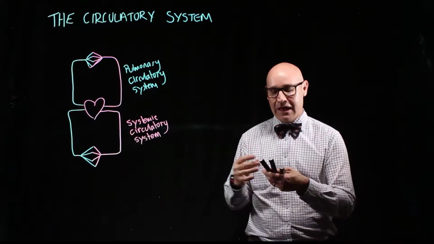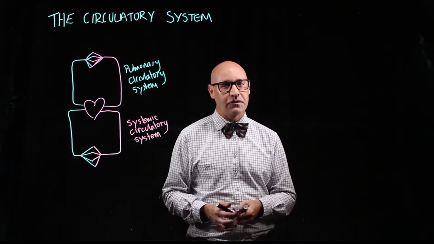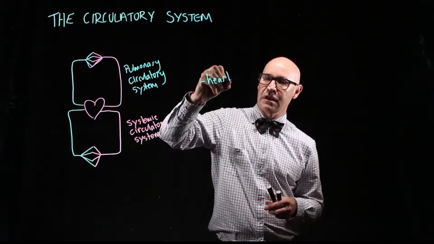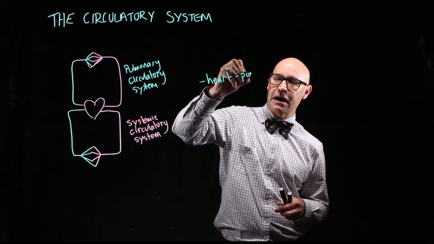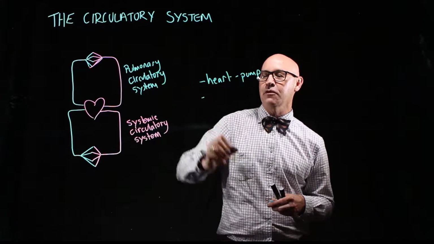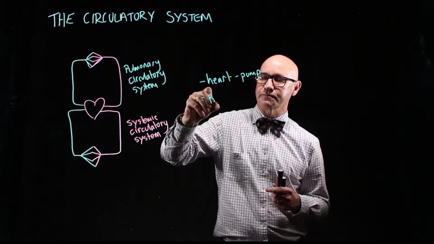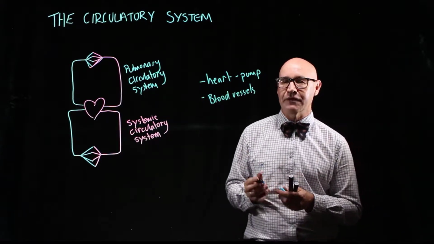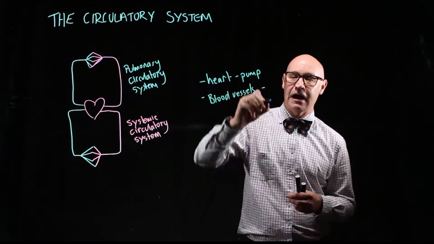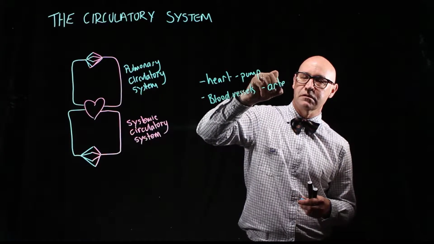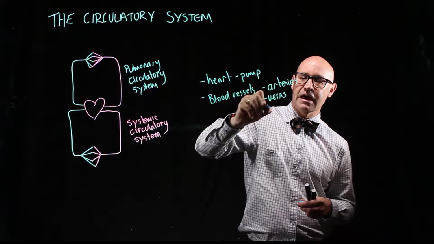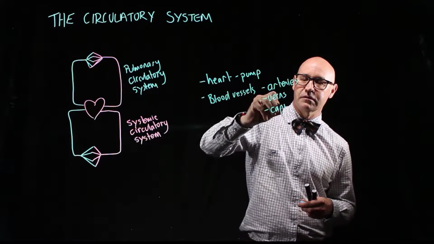Okay, so what then are the structures of the circulatory system? So we have the heart, and the heart of course is the pump. And then we've got the blood vessels. And there's a number of different types of blood vessels. There is arteries, veins, and capillaries.